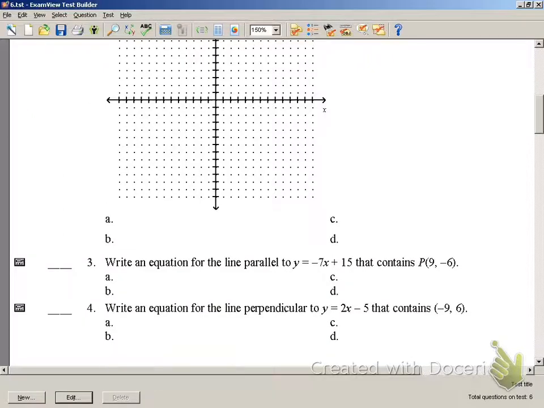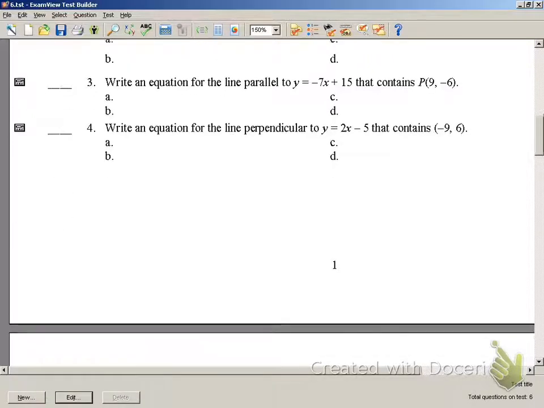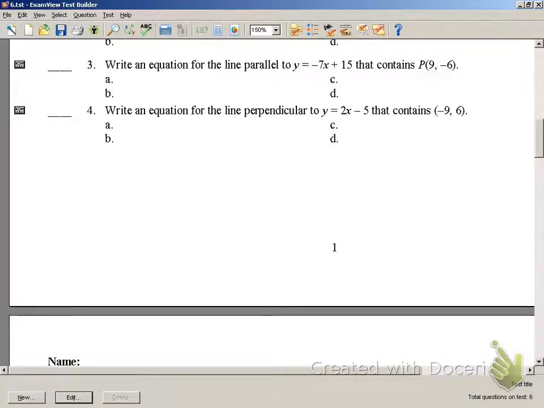Let's move to numbers 3 and 4. They say write an equation of a line parallel to y equals negative 7x plus 15 that contains the point P, 9, negative 6. Now understand, when we're talking about parallel lines, the slopes are the same.